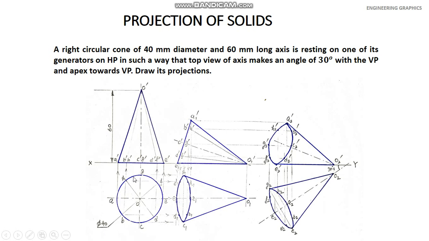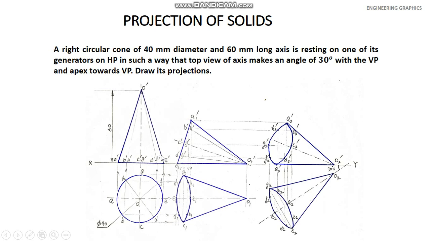Take the projection towards the vertical plane and draw the front view. Here it is shown that the axis is perpendicular to HP and the solid is resting on its base on HP. And this is one of the generators. O' E' is one of the generators.